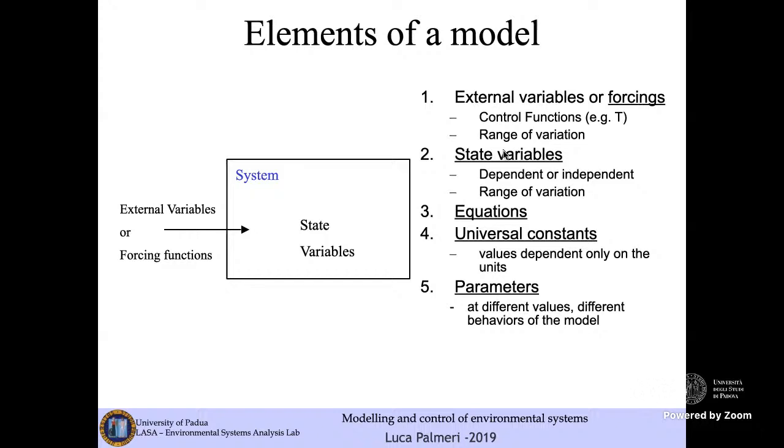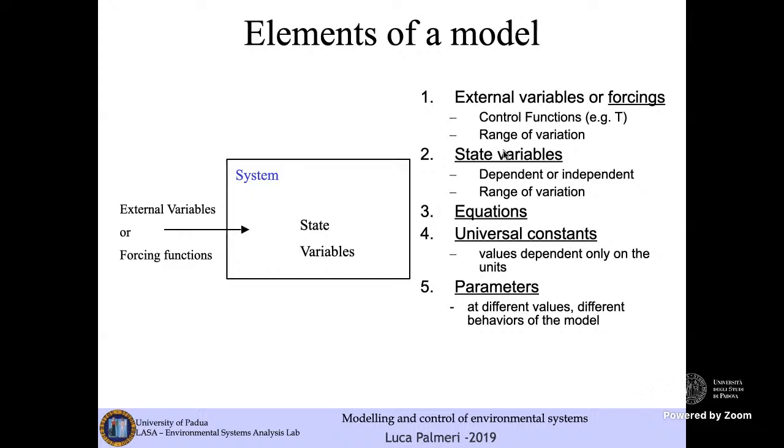The second element of the environmental systems is state variables. State variables may be dependent or independent. Independent state variables are basic variables, while dependent state variables are those that depend on a combination of independent state variables or external variables.